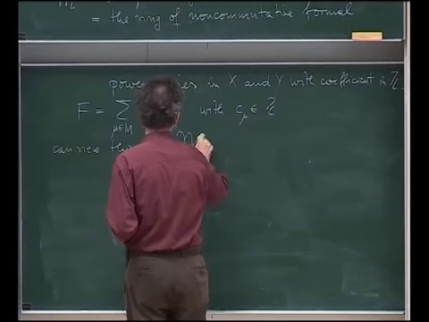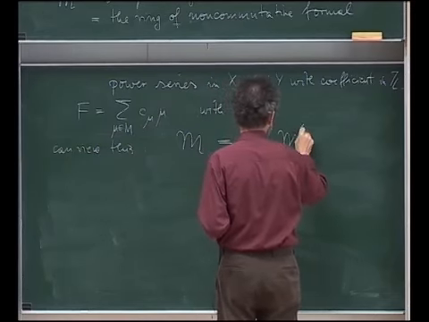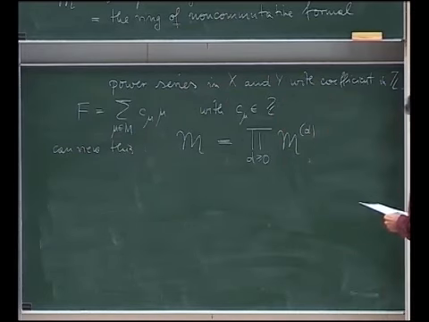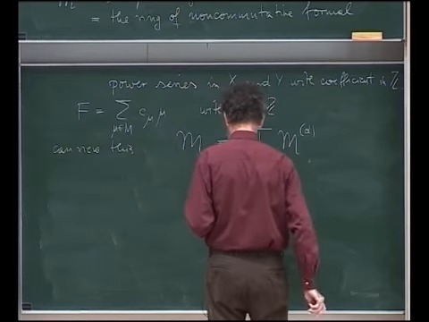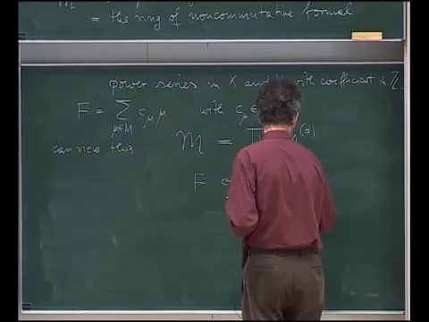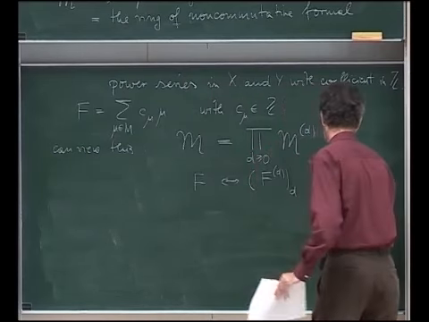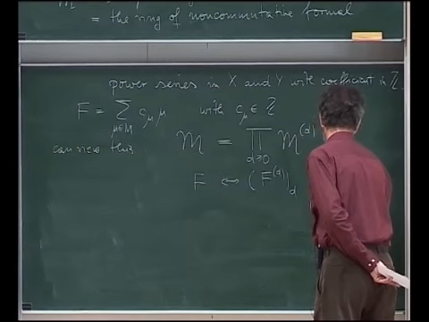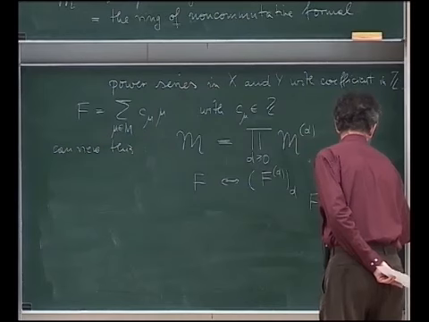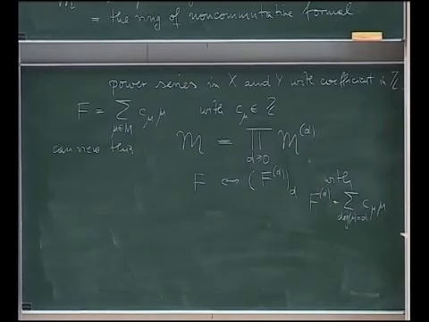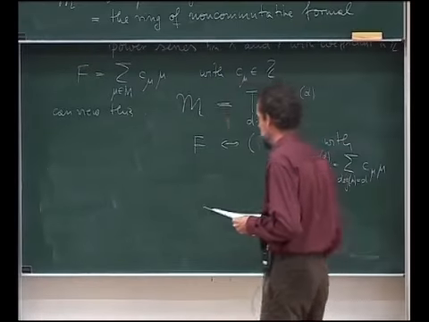We can of course also view this as the direct product over all degrees of these M D, where f corresponds to f upper D, and f upper D is the sum over all mu of degree D of C mu.